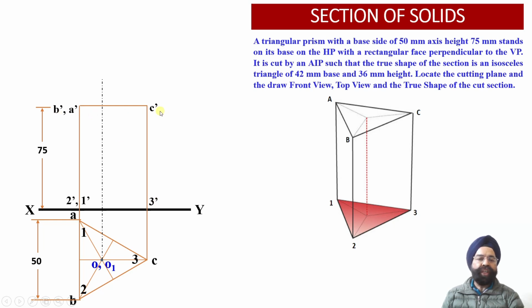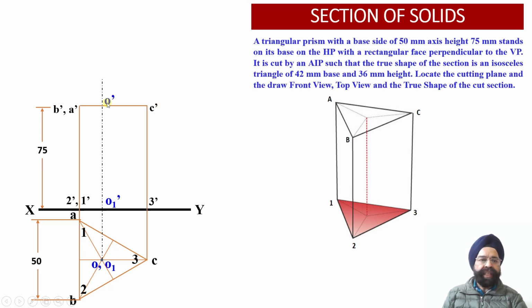Similarly, corresponding to the top face, points B and A again will be coinciding with each other. So points B and A will be projected as B dash and A dash, corresponding to the top face of this triangular prism. And the point C of the top face will be projected as point C dash at a height of 75 millimeter.